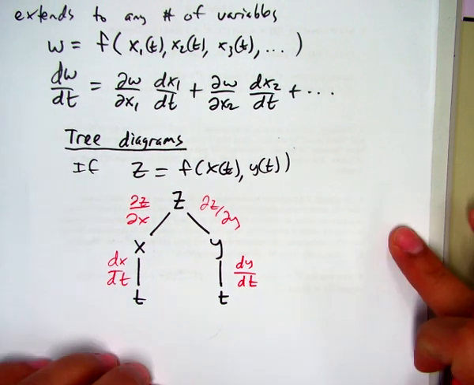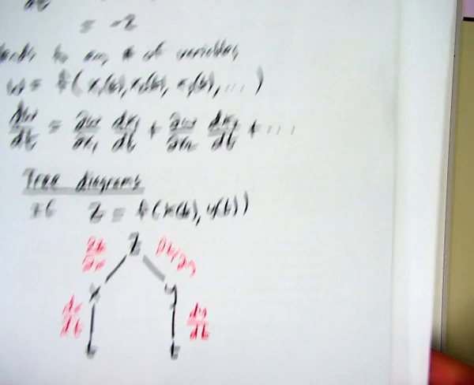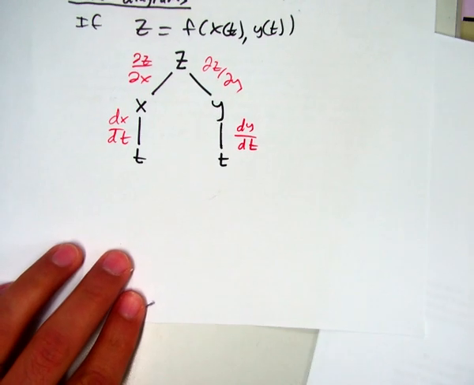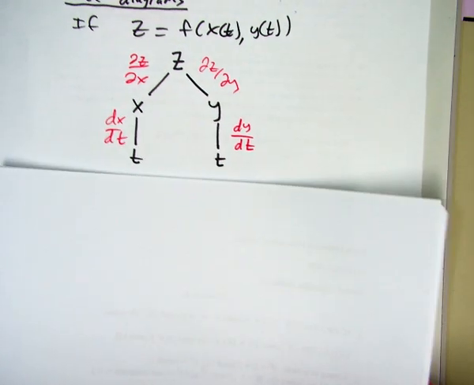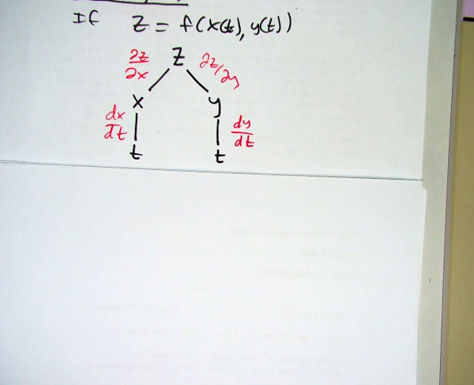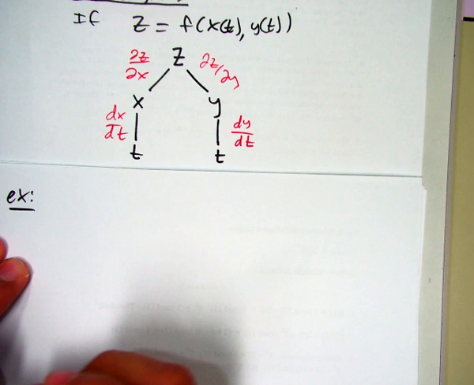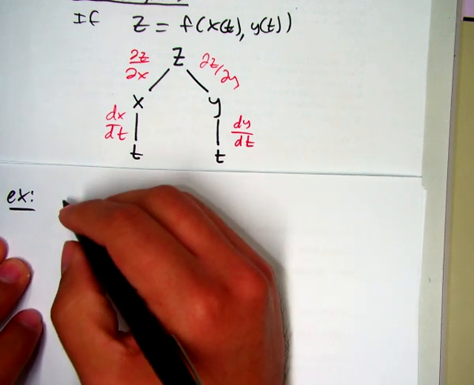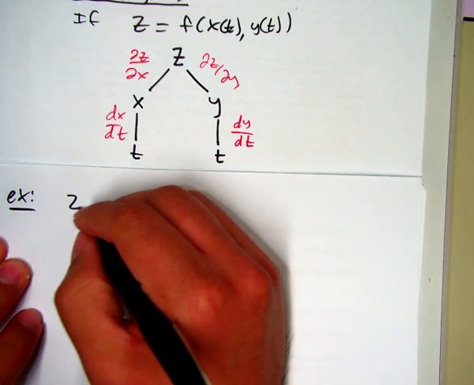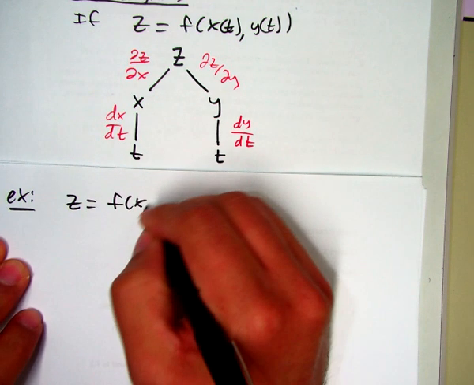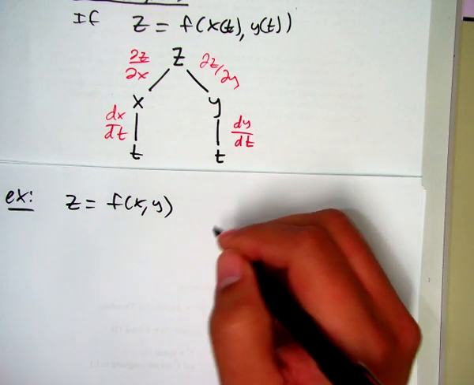Okay, so here's an example of using that in a slightly different situation. Let's say z is defined in terms of a function in terms of x and y.